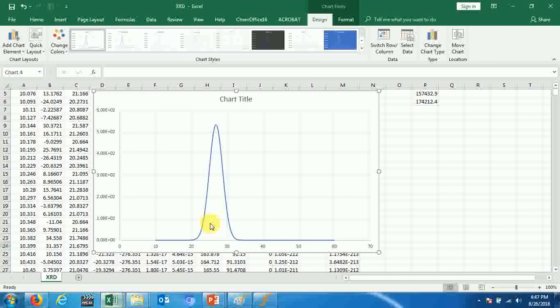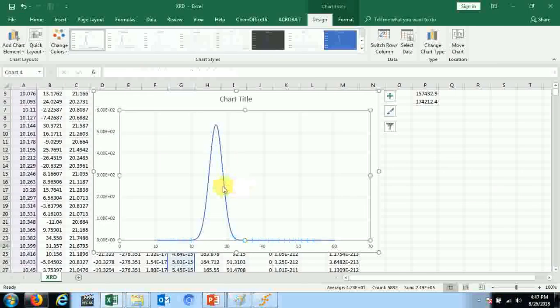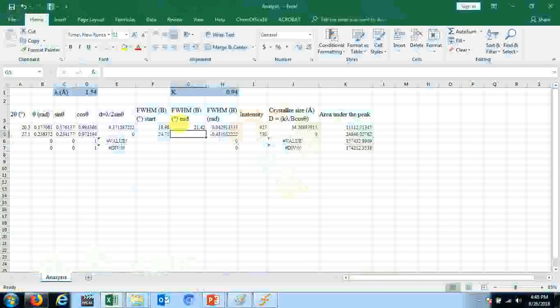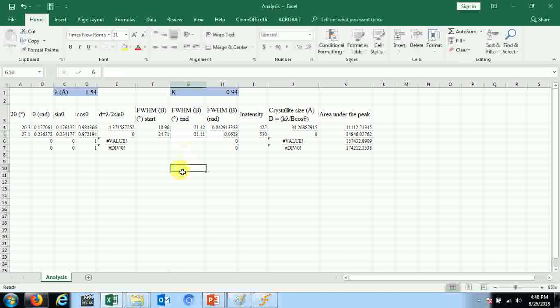The end point is around 29.11. So likewise we can calculate D spacing and full width at half maximum.